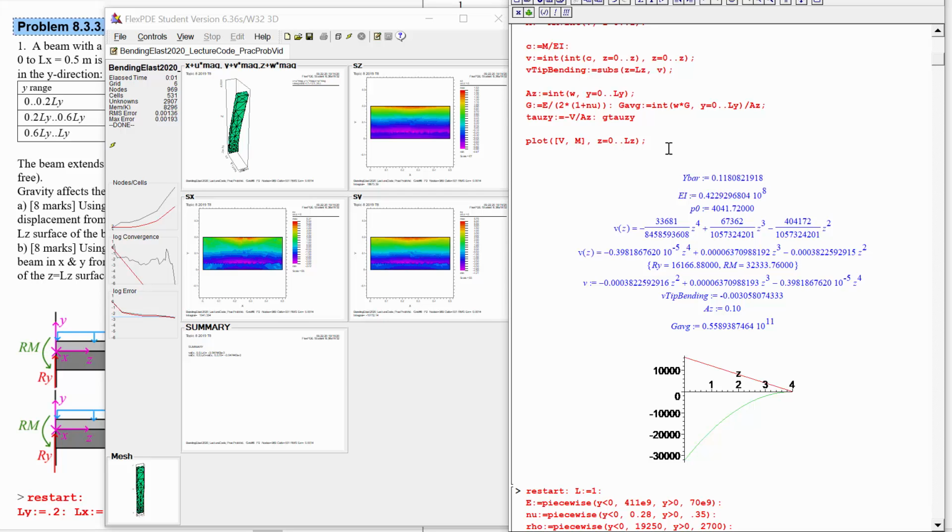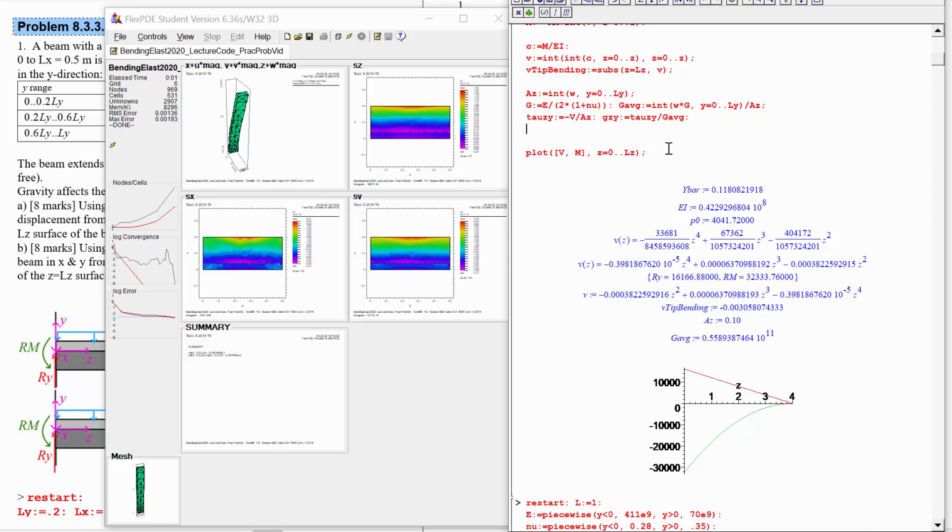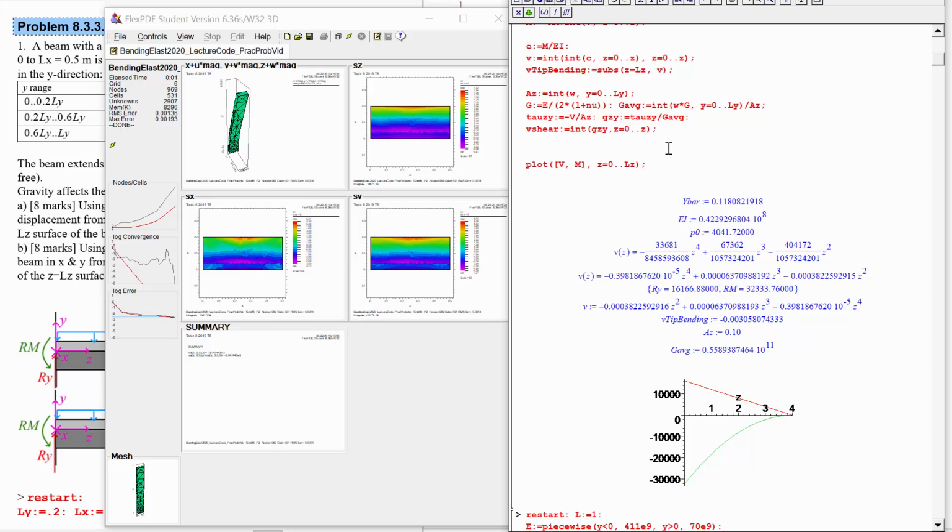Local shear strain, so gamma ZY, is equal to tau ZY divided by the shear modulus. Let's use the average shear modulus. Then we can find the shear displacement by taking an integral of gamma ZY from Z is 0 to Z. Okay, and then find V tip shear by substituting Z equals LZ into V shear.